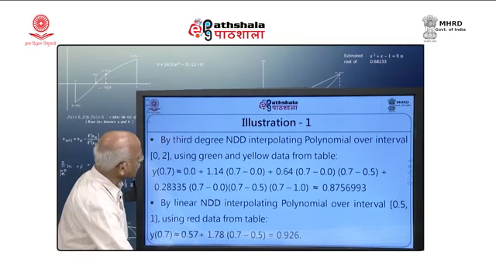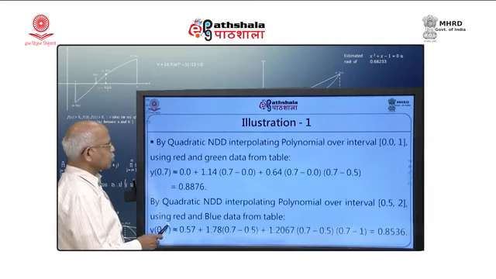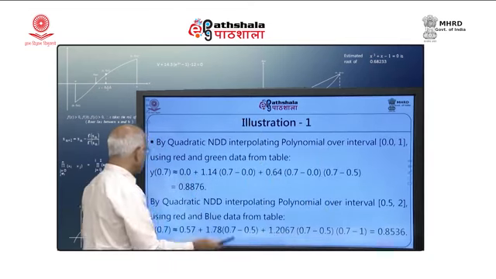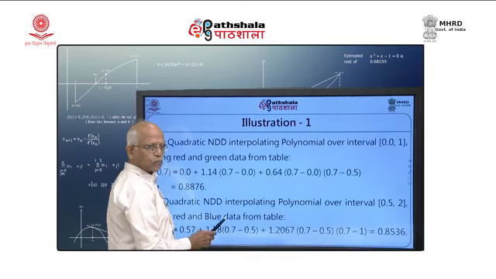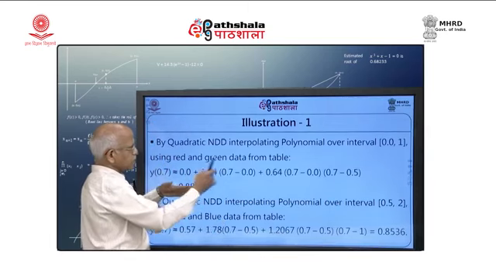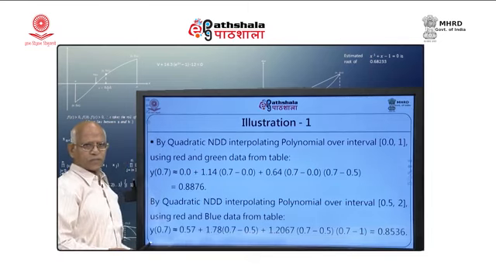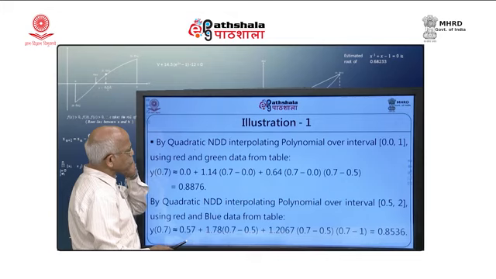And similarly, I can also think of 0.7 lying between the interval 0 to 1 as well as between 0.5 to 2. So, if I use the first three nodes and then the last three nodes, I can get the quadratic Newton's divided difference interpolating polynomial.